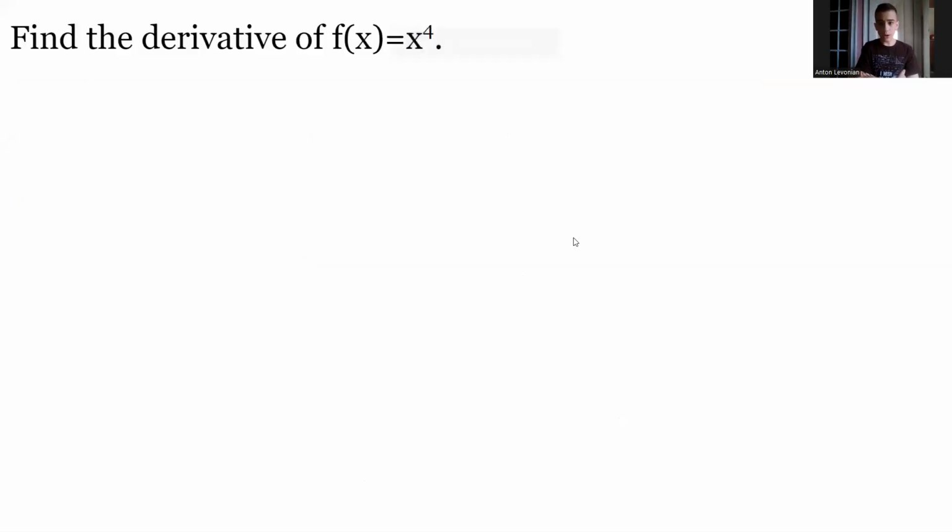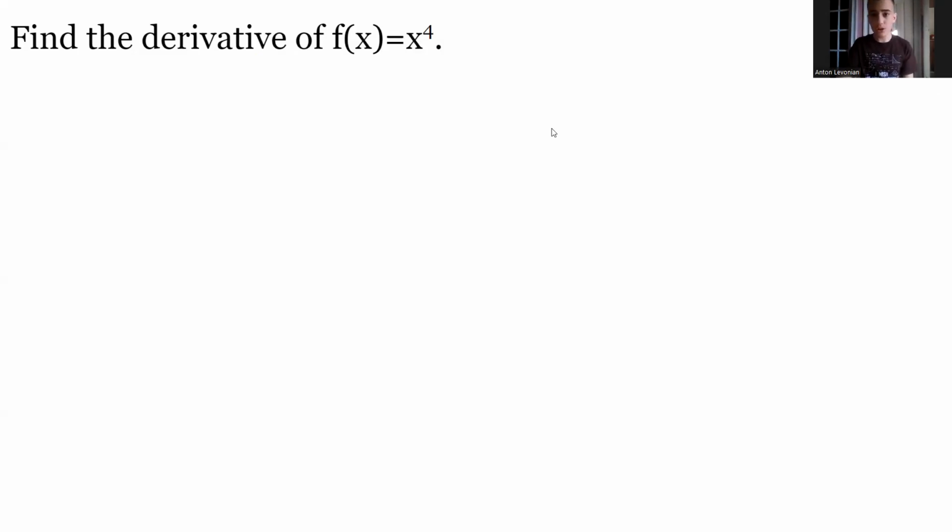So now a quick challenge. I will give you maybe also 5 minutes to do this. Using our previous method, find the derivative of x to the 4th. So once again, try doing out the algebra, plug in x plus h into the function, and see how it comes out.